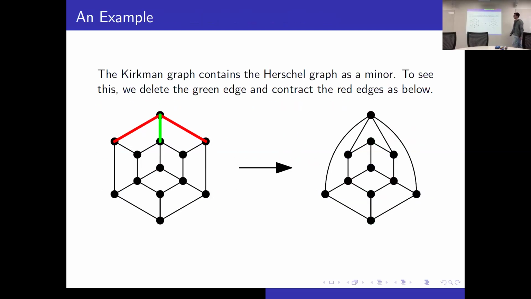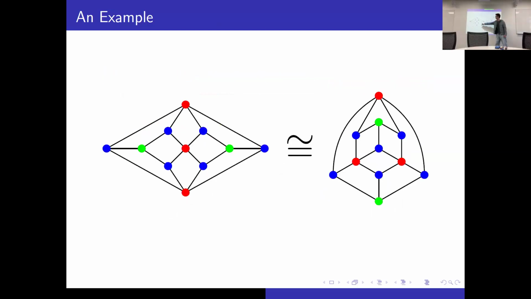Let's see an example. We have a Kirkman graph here. We delete this green edge and we contract these two red edges. So we get this. And this graph is actually the Herschel graph. You can try to correspond the color labels.